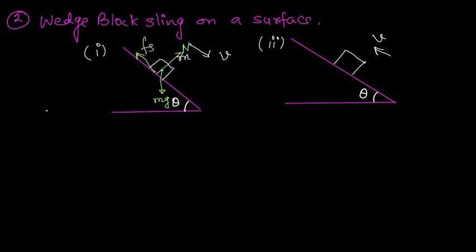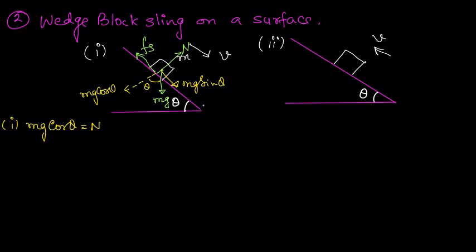If we decompose mg, with this angle being theta, you will get mg cos theta in this direction, and mg sine theta along the slope. The very first equation is mg cos theta equal to the normal force, because there is no motion in this direction.